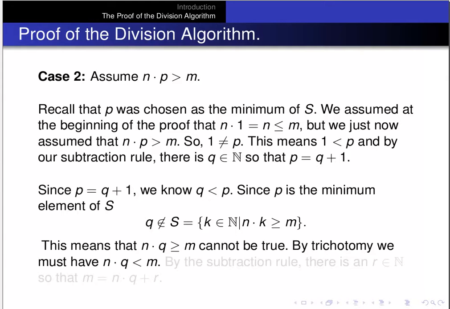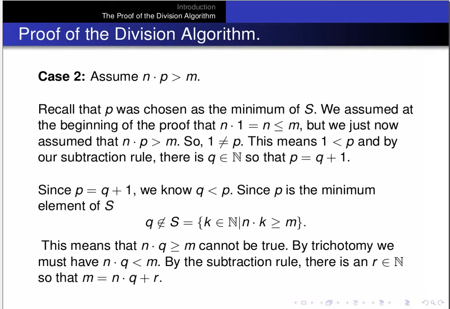Again, we'll apply our subtraction rule. So n times q is smaller than m. That means there's some difference between m and n times q. Let's call it r. By our subtraction rule, there's a natural number r so that m is equal to n times q plus r.